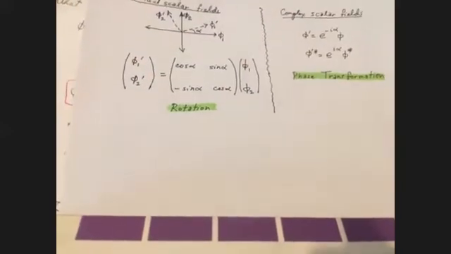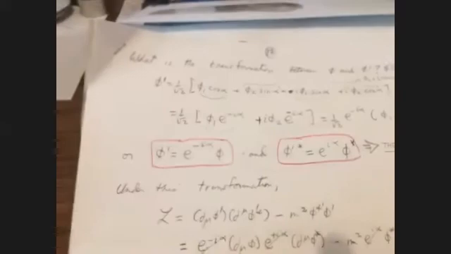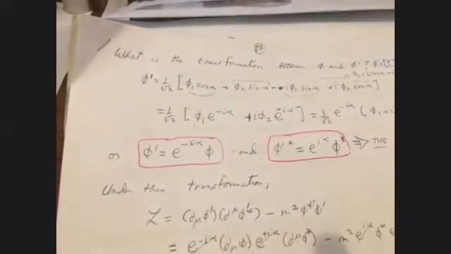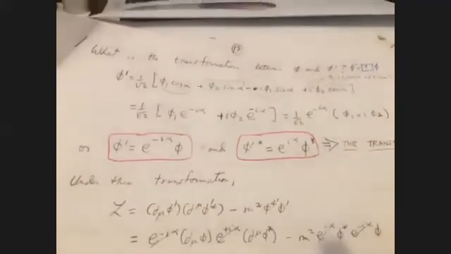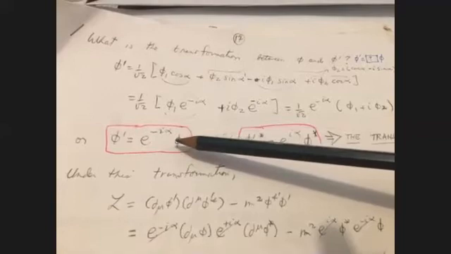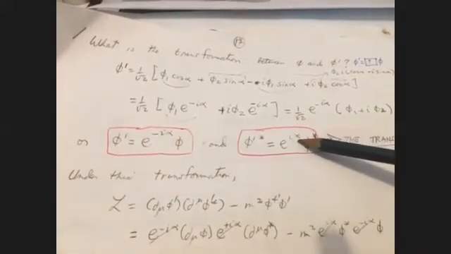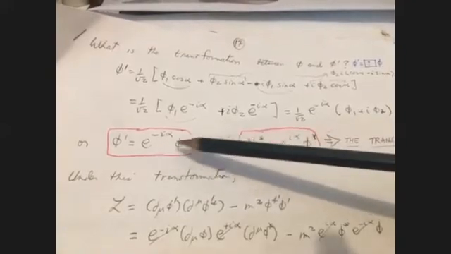So I'll go to the next page. Those are the transformations that we would be interested in. So anyway, this is the result. The two equations encircled in red would be the phase shifts.